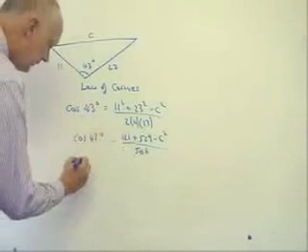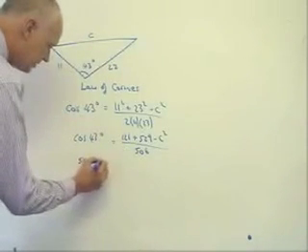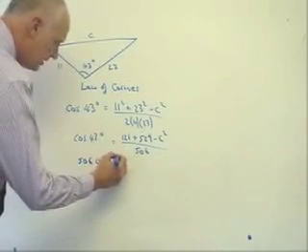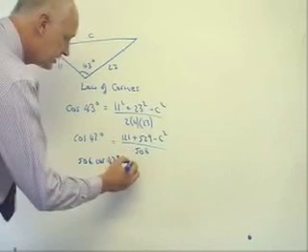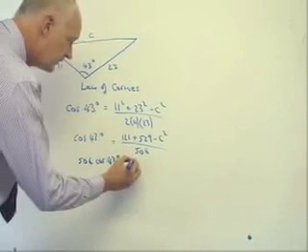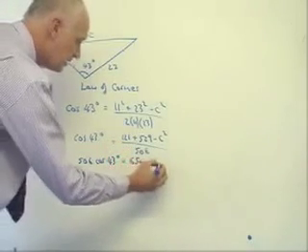Cross multiply. 506 cos 43 equals 650 minus c squared.